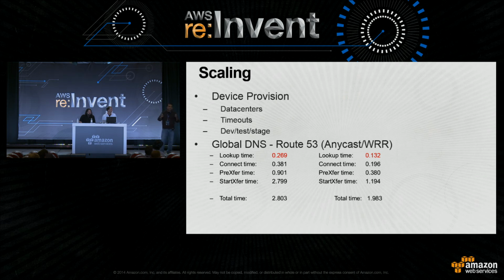So make sure the things that are already handed to you on a plate work. At the end of the day, by just using global DNS and Route 53, we save about 80% of our time right here, right? It's 1.98 milliseconds compared to 2.8 milliseconds. We're not doing anything except using Route 53 for that.